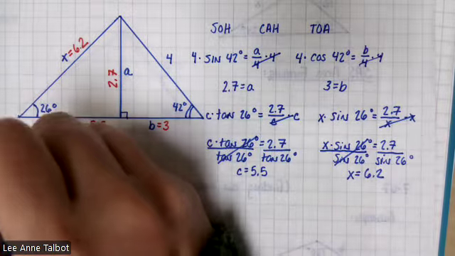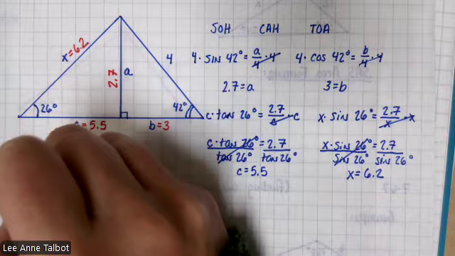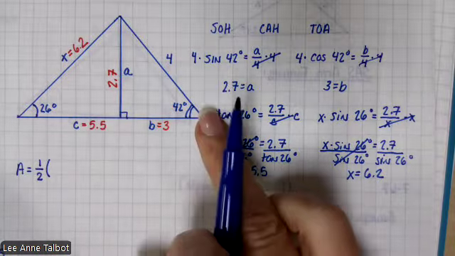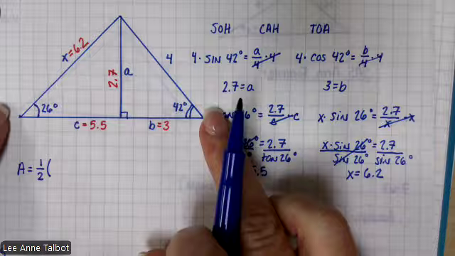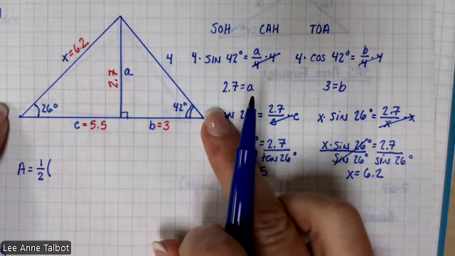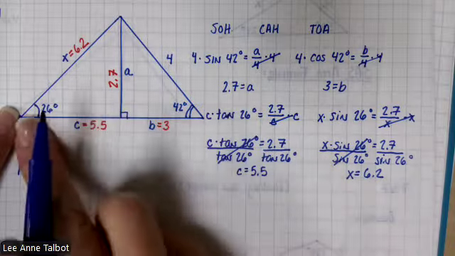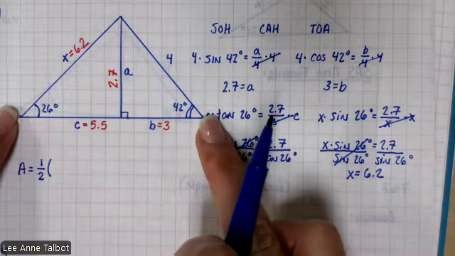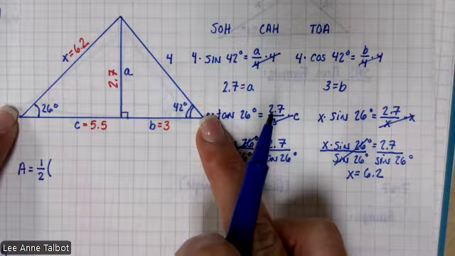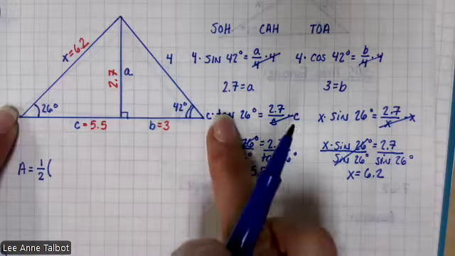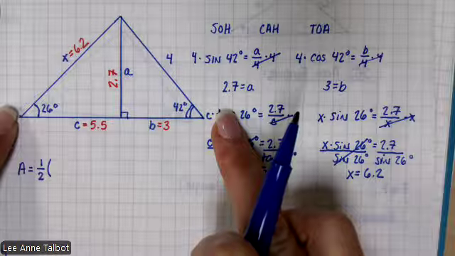Okay, last bit. So the area is going to be half base times height. Does it make sense to you guys that the base is 8.5? Can you tell? Because it's this whole thing. 5.5 plus 3. 8.5.